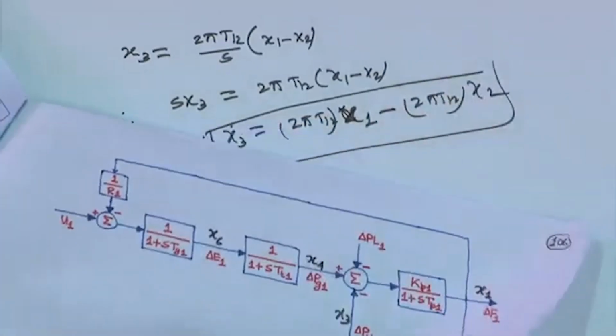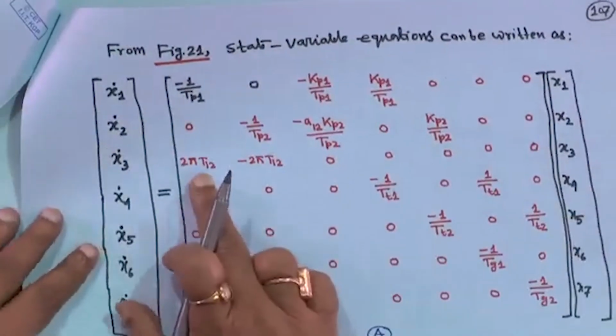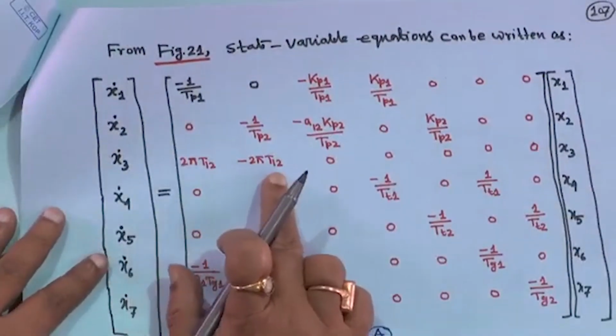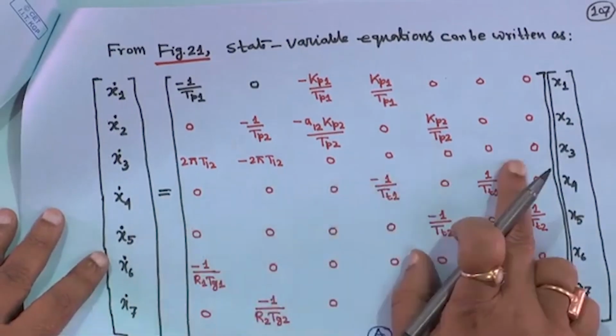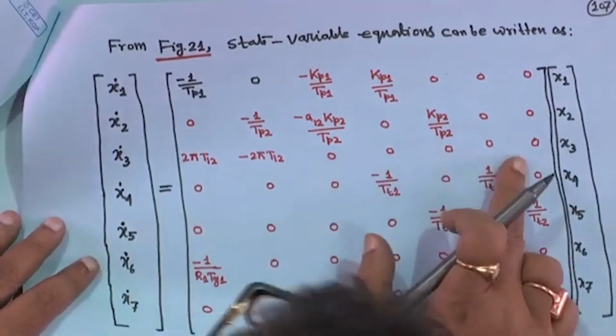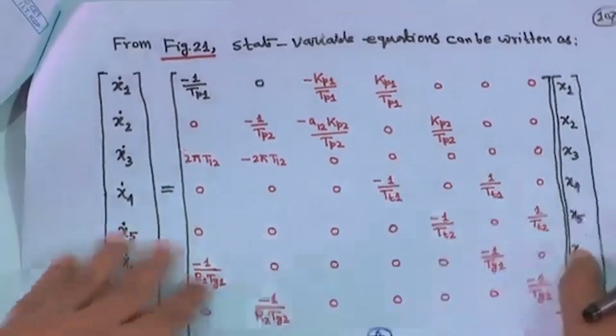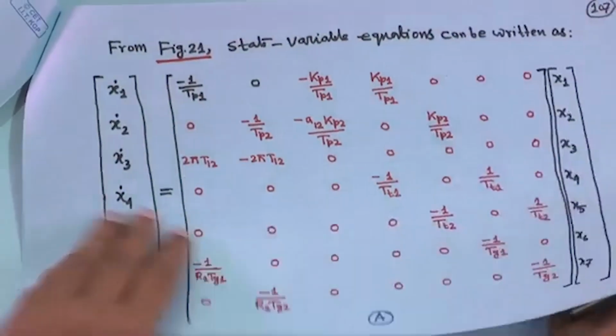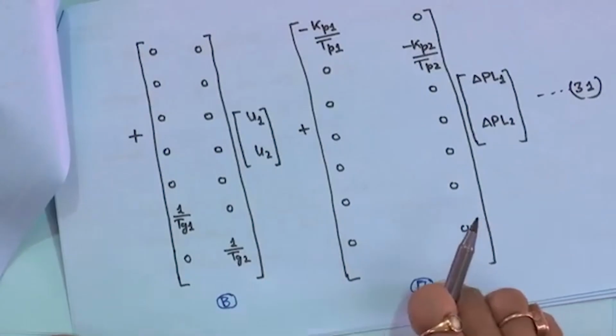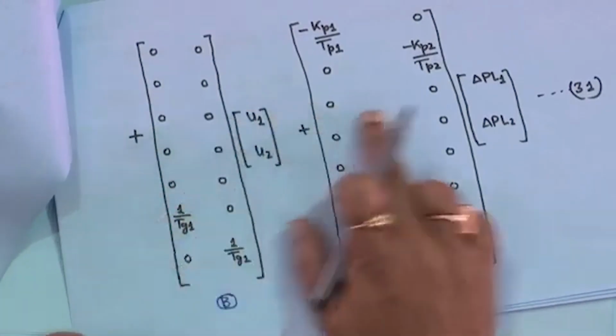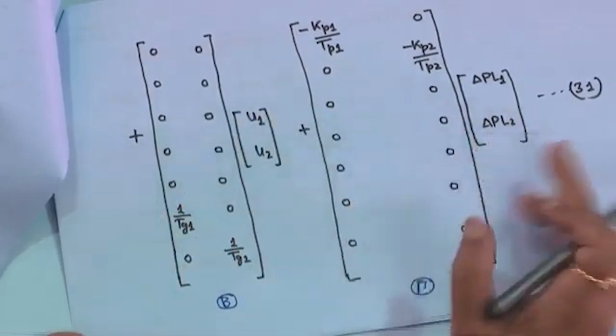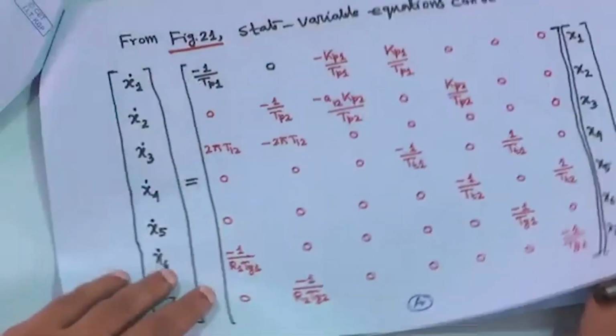This is the third equation: x3 dot is equal to 2 pi T12 x1 minus 2 pi T12 x2, rest of the elements are 0, right. Similarly for the third row, this is the B matrix, this is the gamma matrix, third row this is 0, this is also 0, right, because no u or delta PL is involved there.